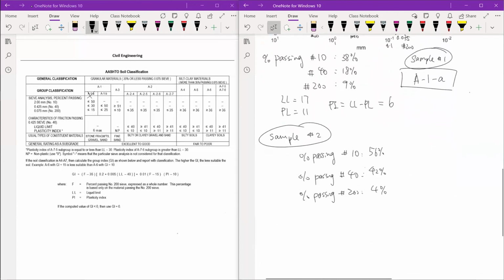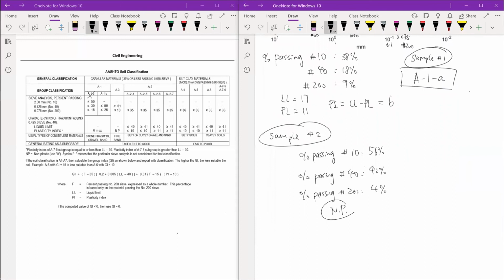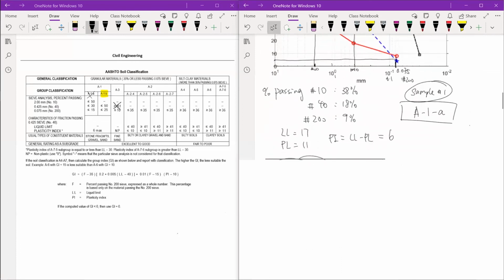So we fulfill all the criteria of A-1-B. Given that our percent passing number 40 is 42%, not greater than 51%, we don't fulfill A-3. So we are at A-1-B. That's sample number 2.